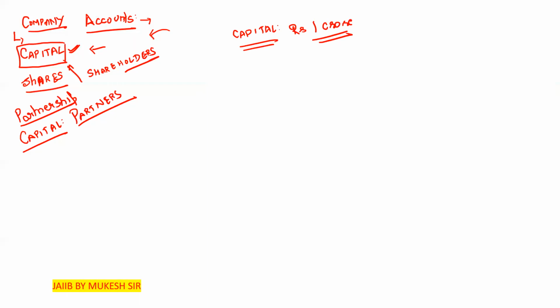So what will they do now? They will divide the capital into parts, which are known as shares. They will create shares, each share of rupees 10.